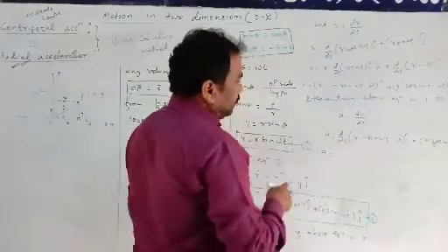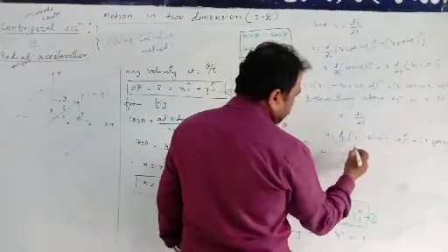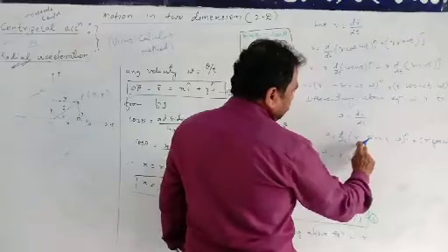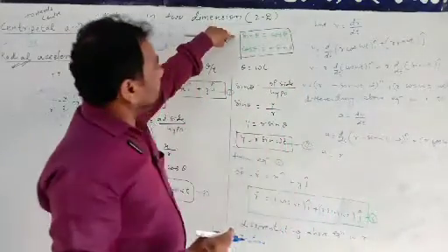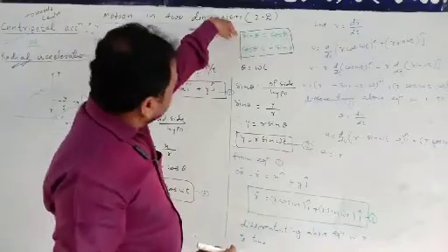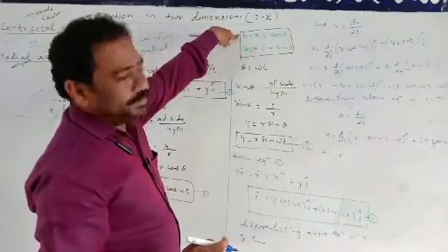So r is constant here, and now the derivative of sin omega t. You can see the formulas here at this place.